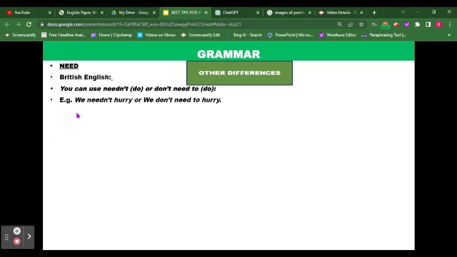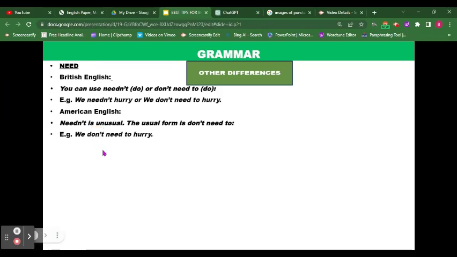Okay, for example, we needn't hurry or we don't need to hurry. In American English, needn't is unusual. The usual form is don't need to. For example, we don't need to hurry. So Americans would not usually say we needn't hurry. They would say we don't need to hurry.